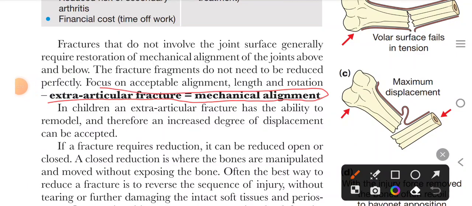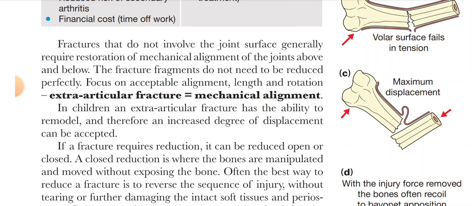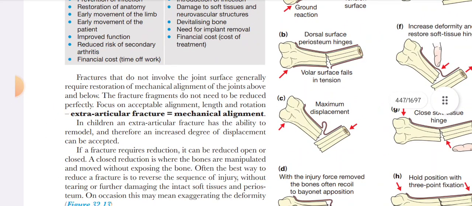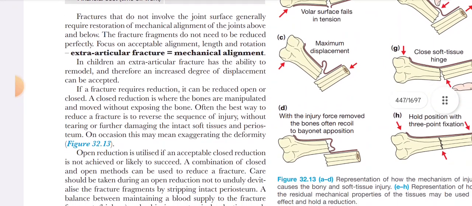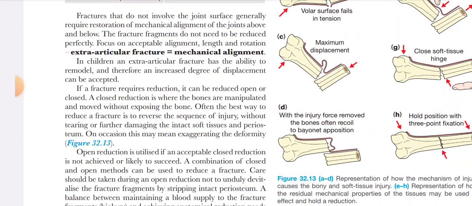I guess you already know what is mechanical axis and what is anatomical axis. Mechanical axis of lower limb is if we draw a line from center of the head of the femur to center of the ankle, it passes through center of the knee. And this relationship should be maintained.